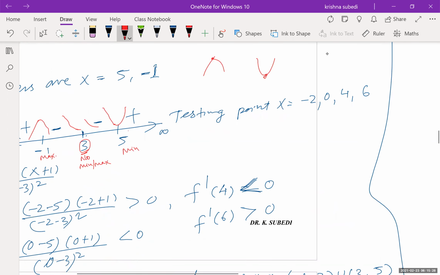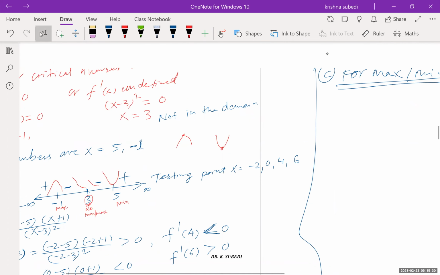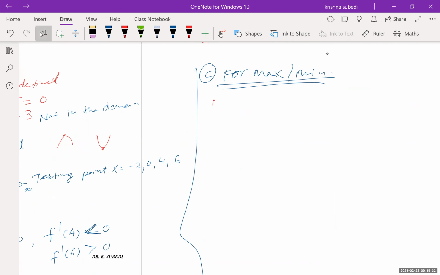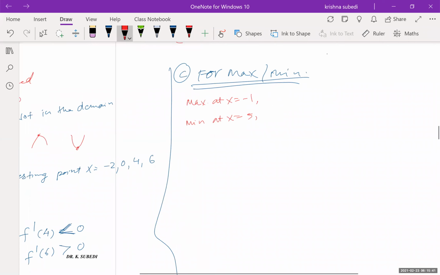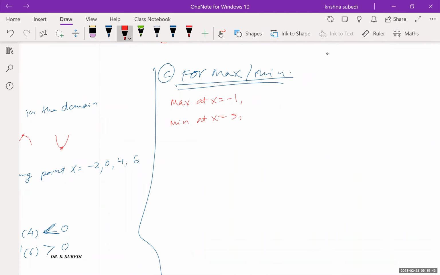So we notice that there is a maximum at x equals -1, and a minimum at x equals 5. And we need to find the maximum value as well. Maximum value means y value, which is y equals f of -1.